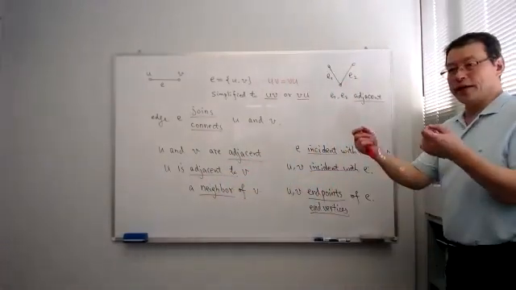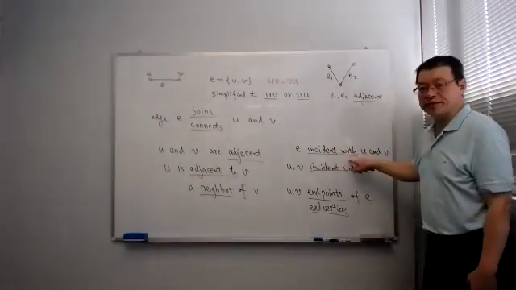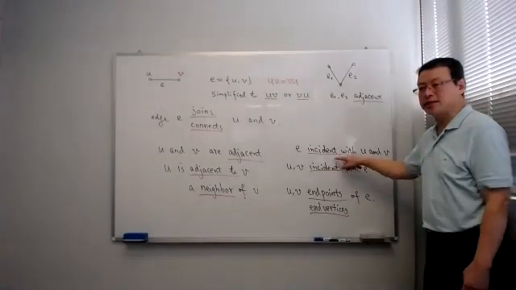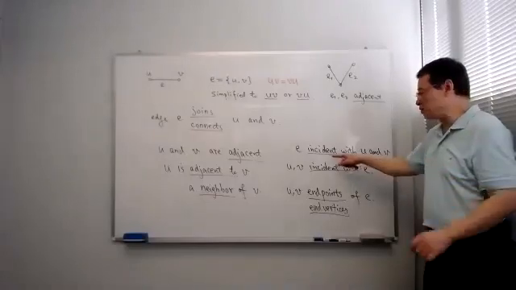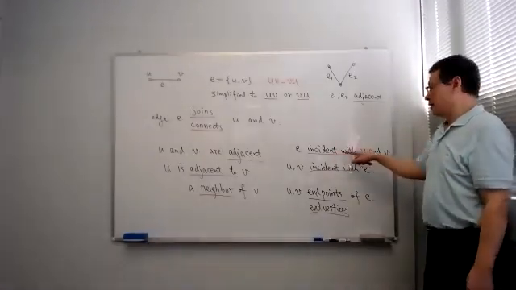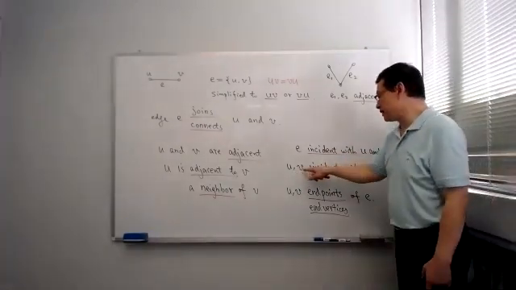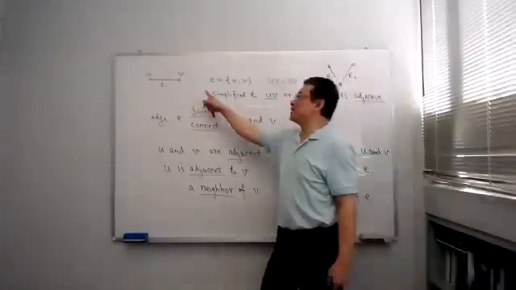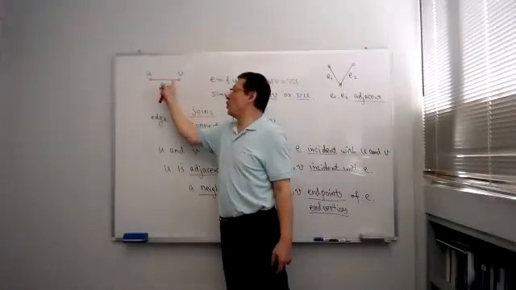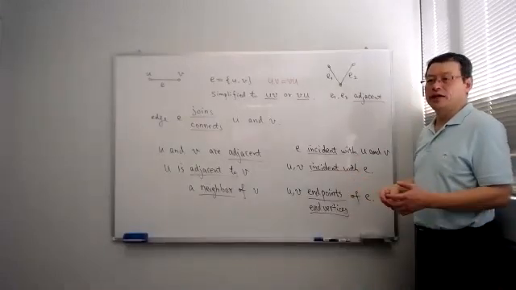And in terms of the relation between edge and vertices, we say E is incident with, not incident to. Sometimes people say incident to, but it should be incident with. E is incident with U and V. And of course, these two vertices are said to be incident with edge E. And then these two vertices are endpoints of E, or end vertices of E. So very natural, right?